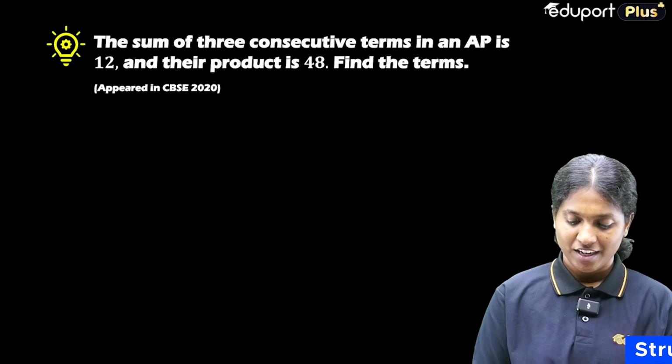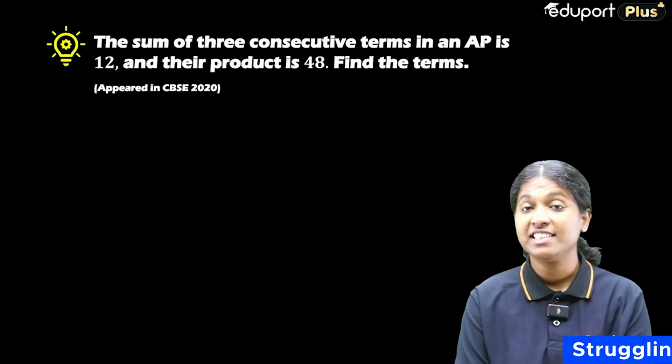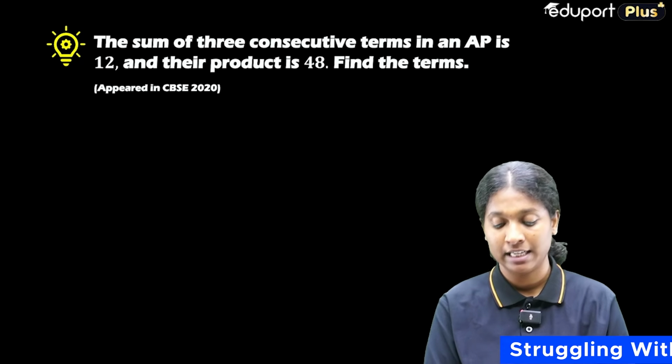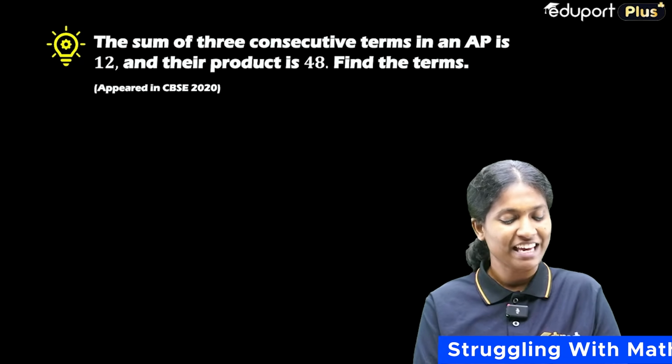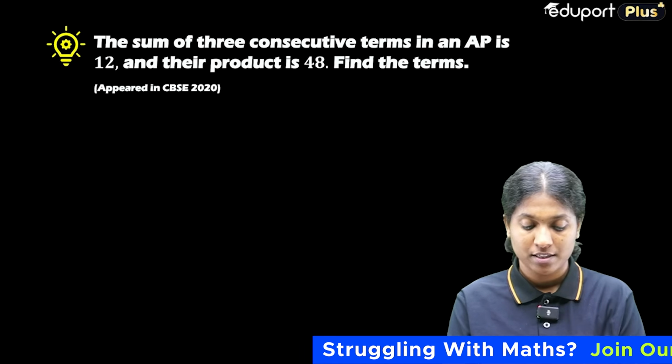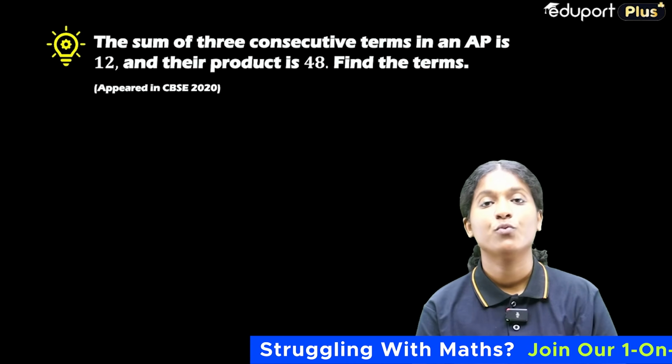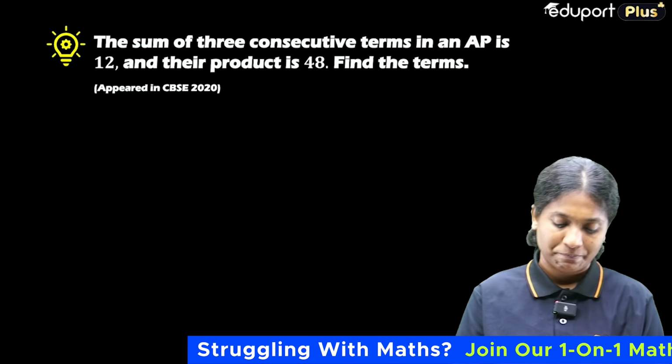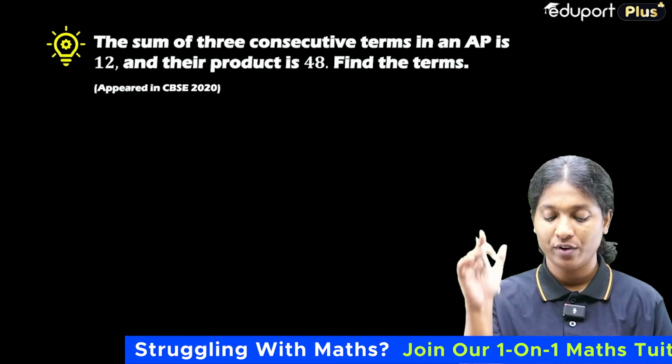Alright. Now, the next question: the sum of 3 consecutive terms in an AP is 12 and their product is 48. Find the terms. This question appeared in CBSE 2020.